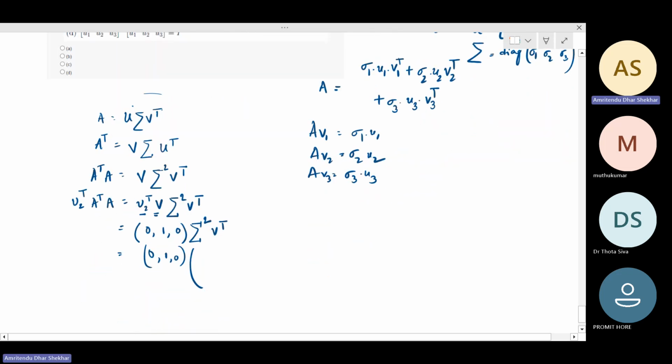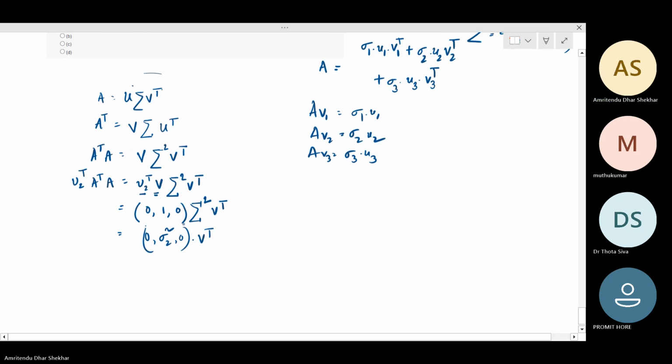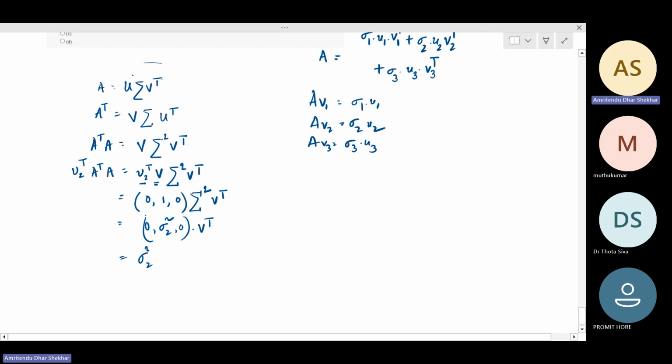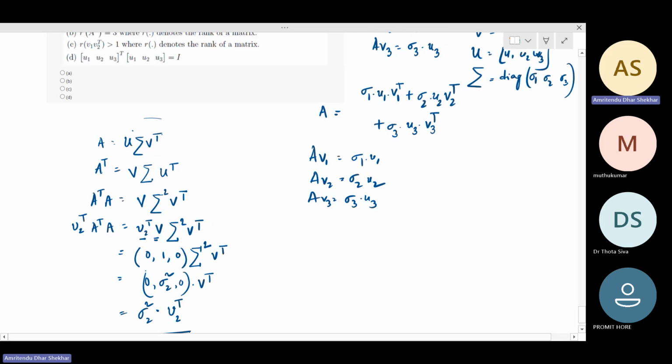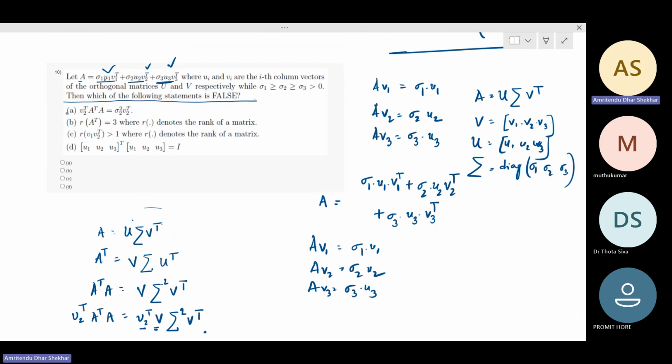If you just multiply this, you get 0, sigma 2 squared, 0 times V transpose. So this is going to be equal to sigma 2 squared times V2 transpose, right? So the first one is obviously correct.